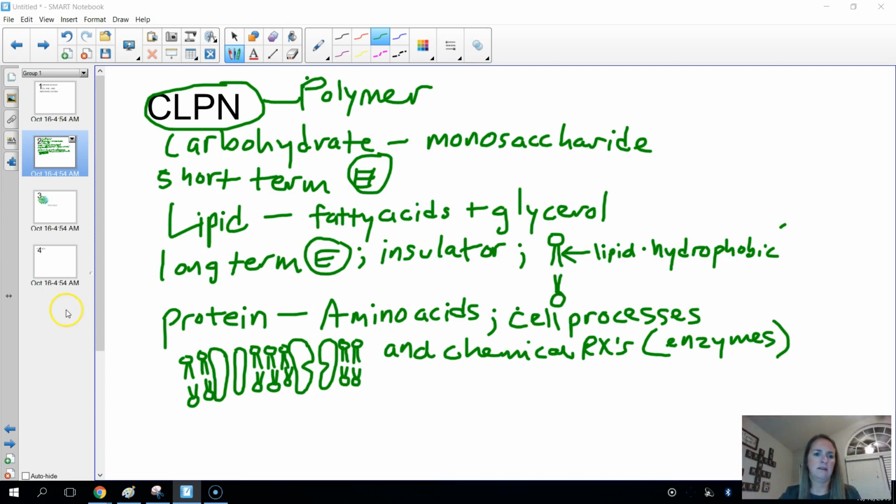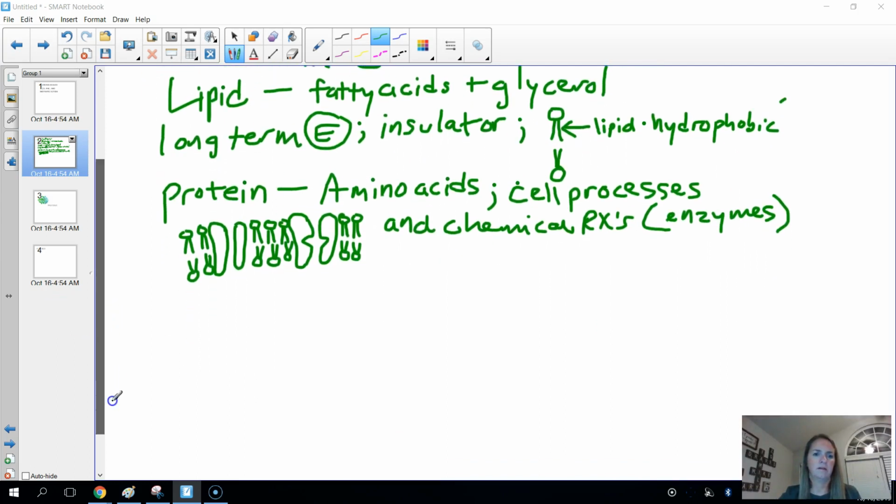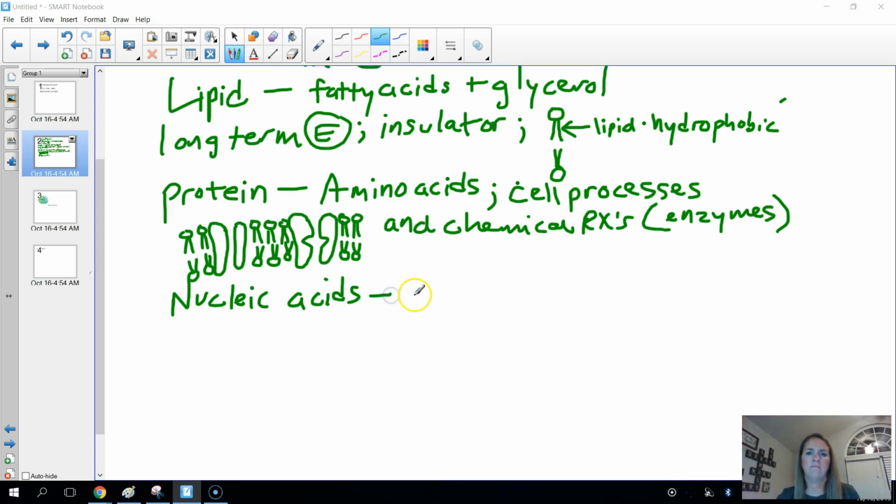And then the N are the nucleic acids. And the monomer or building block of nucleic acids are nucleotides.